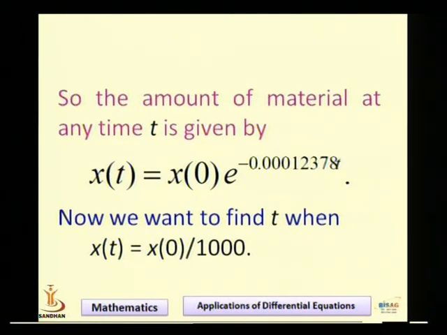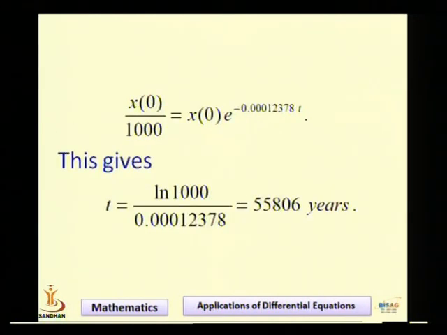So, I take x(t) = x0/1000. Then from both sides x(0) will be cancelled and time you can obtain as log 1000 upon that quantity, which is about 55806 years. So, you can calculate the time.